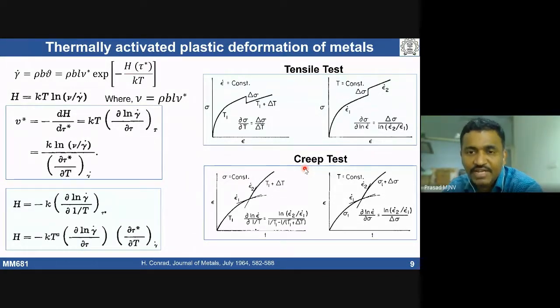As far as metals and ceramics are concerned, creep is basically defined as time-dependent plastic deformation under constant load or stress at elevated temperatures. That's called creep of materials.